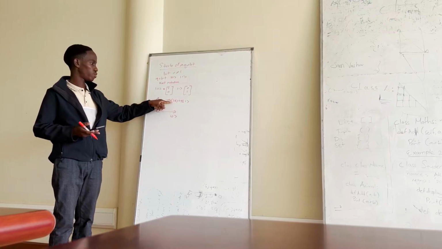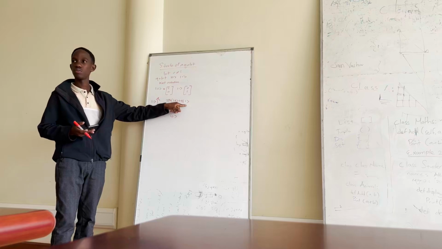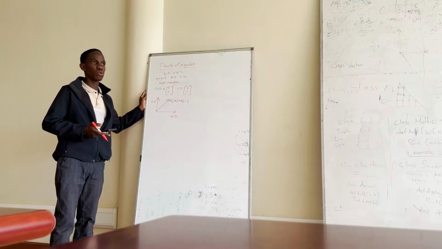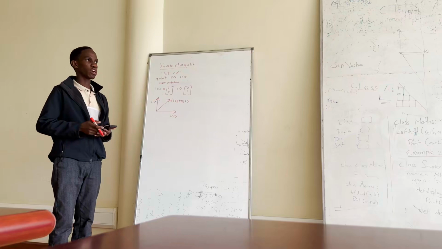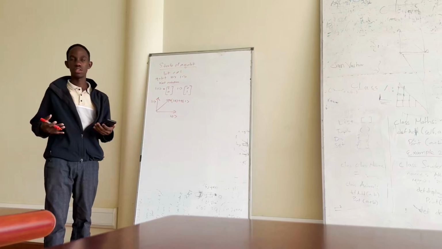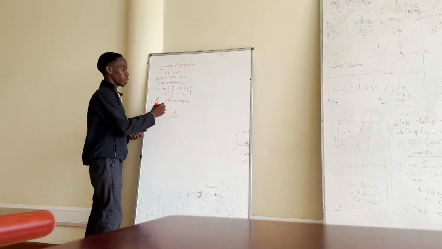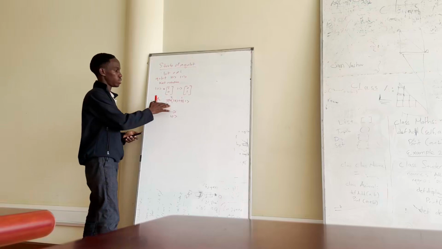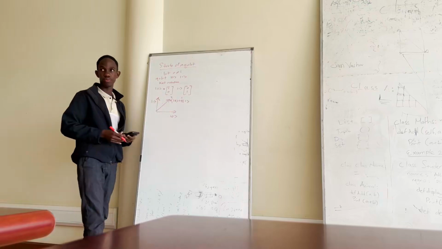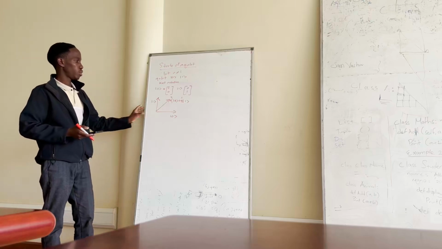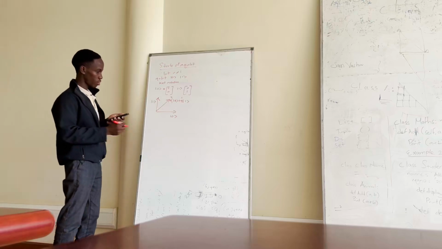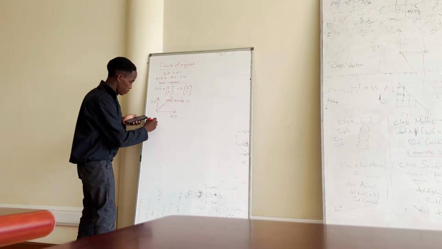These represent the coefficients of the states. So the amplitudes can be complex numbers. It can even be 2, it can be 1, but it can also be complex. If we had a complex representation, it would look something like this.